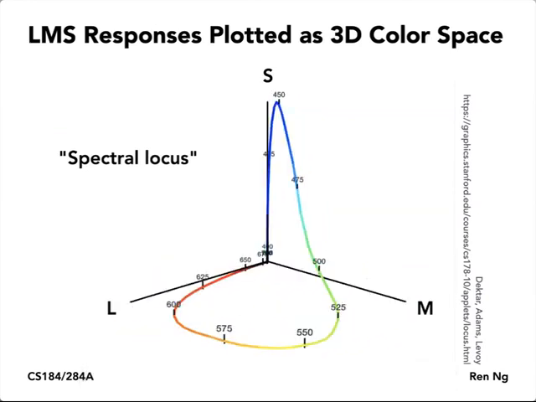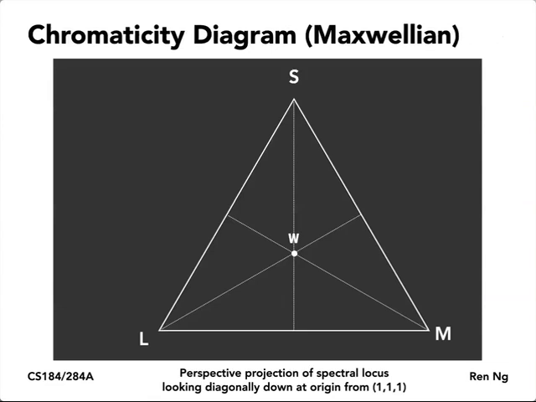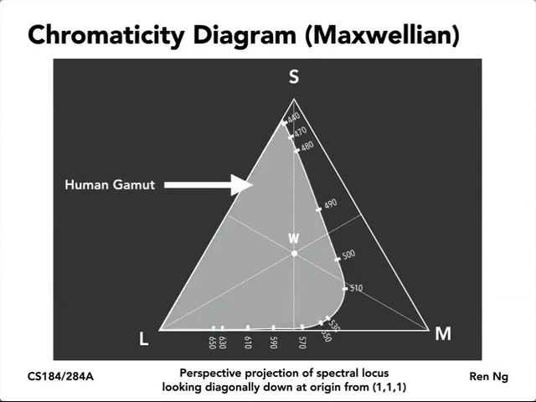A triangle here, say at the unit level between S, L, and M. And then we could visualize it by looking back towards the origin from a vector that comes out, sort of the way the camera position is here, say along the 1, 1, 1 vector direction, looking back at the origin. And we could just project the whole shape I described back towards the origin onto that triangle. If we did that, the shape that we get looks like this, okay?